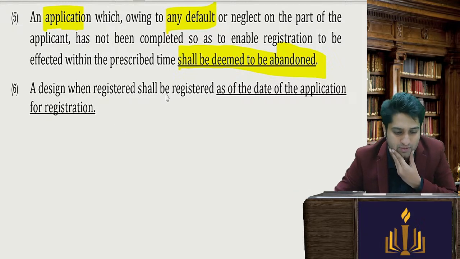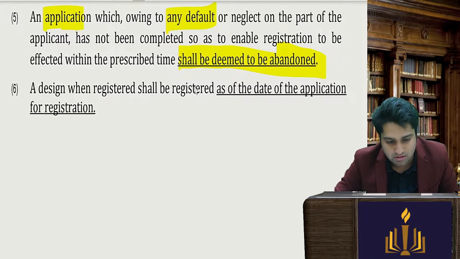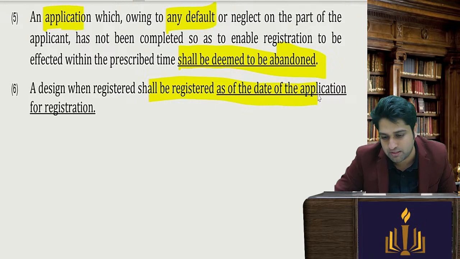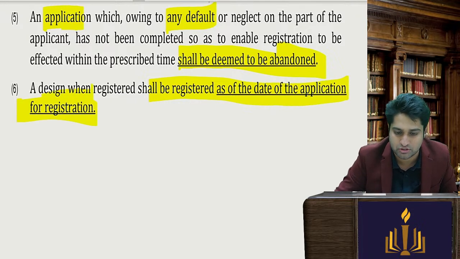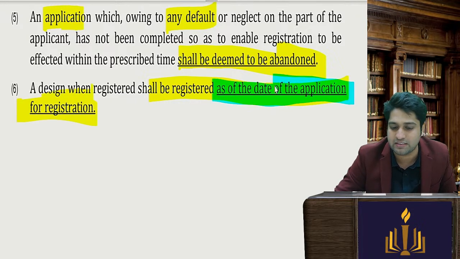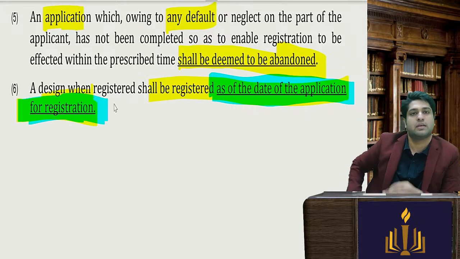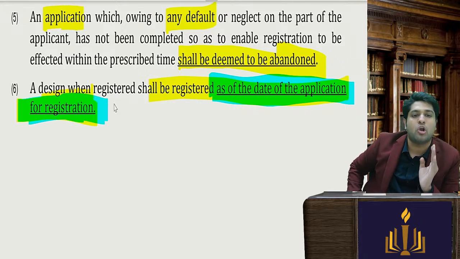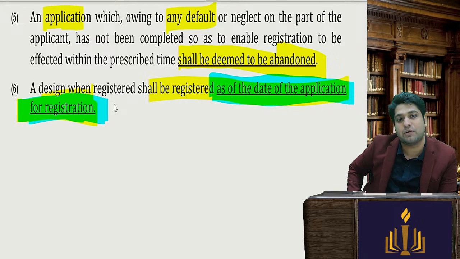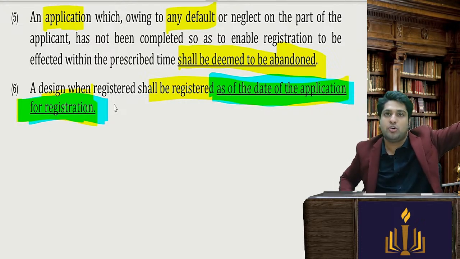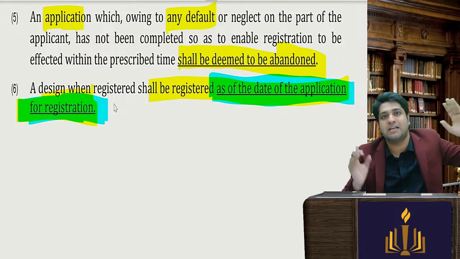A design, when registered, shall be registered from the date of application for registration. So now remember, whenever we do IPR laws, always the protection starts from the date of application, not the date of grant. Can anyone tell me why?